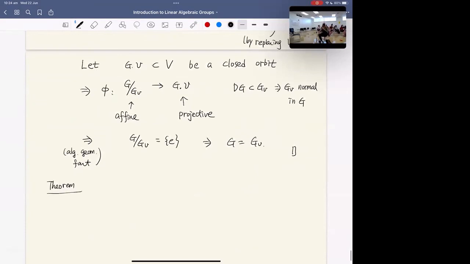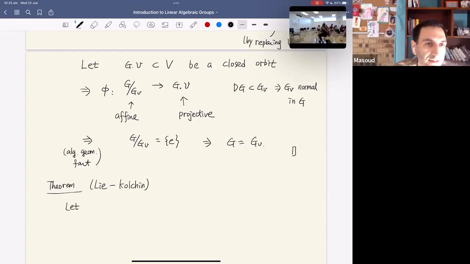So now let me just say this is a corollary of Lie-Kolchin. Well, it's a theorem of Lie-Kolchin, but now we can deduce it from Borel's fixed point theorem.